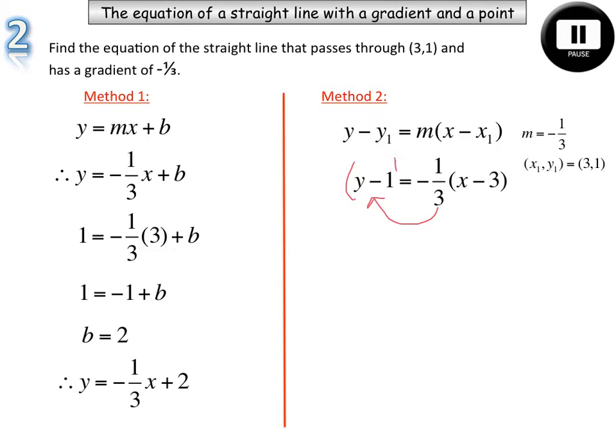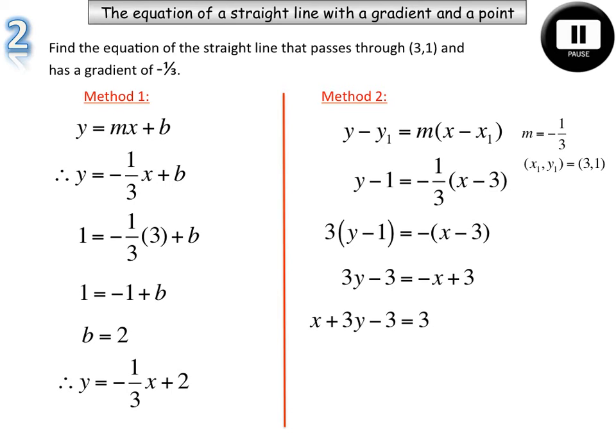Those two cancel, and then we get 3y minus 3. And over here we have -1 times x, and -1 times -3. So expanding the brackets and then simplifying it.